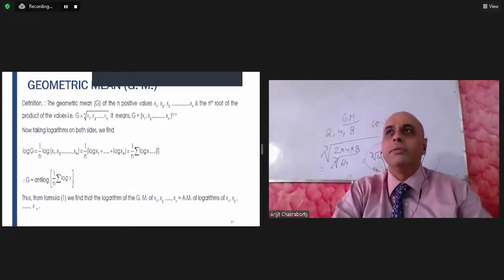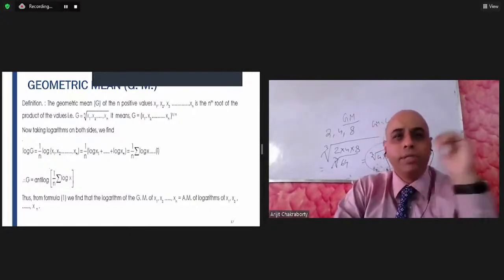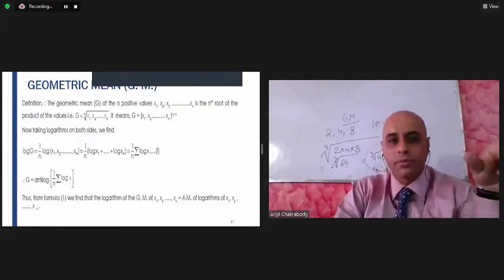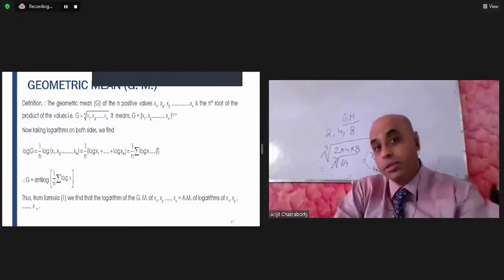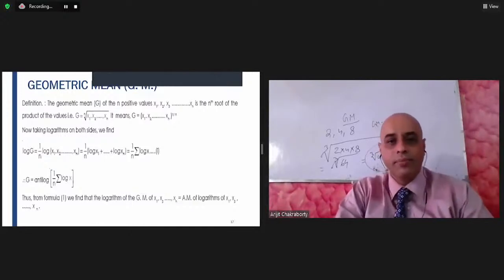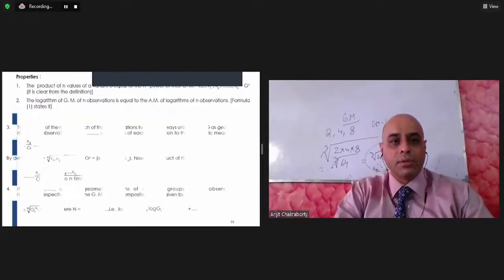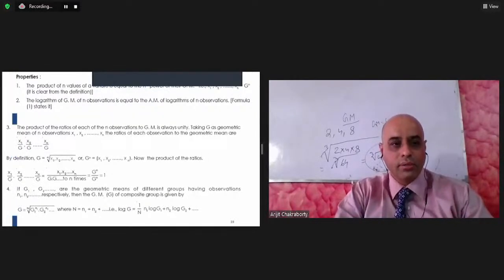I have not seen many problems in the exam on GM where you have to use log tables. Very few of them come where you need to use log tables. But once you practice a few of them, because you have already done logarithms in mathematics, you can use that knowledge.